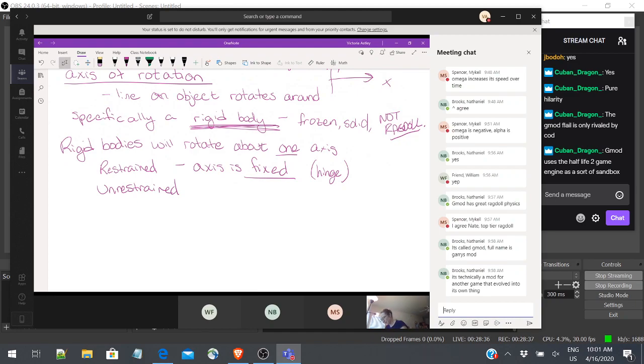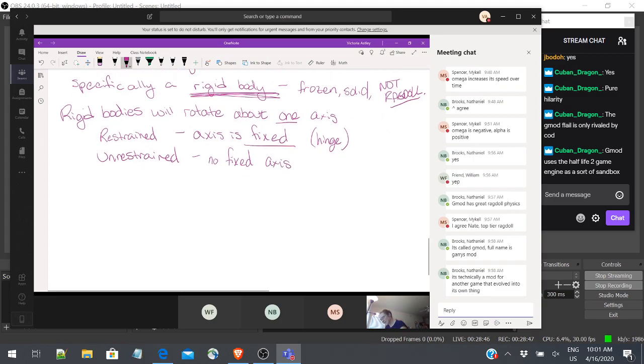The other option is that there's no fixed axis. This is more like if you throw something up in the air, right? If I throw my pen up in the air, it's going to rotate as it spins.